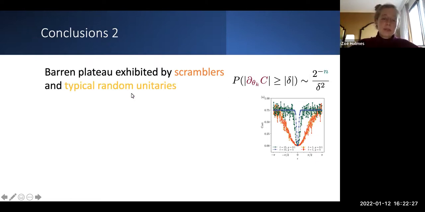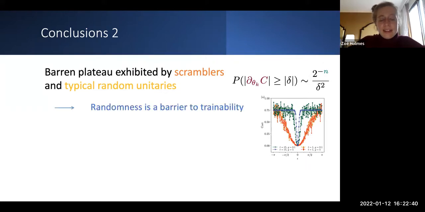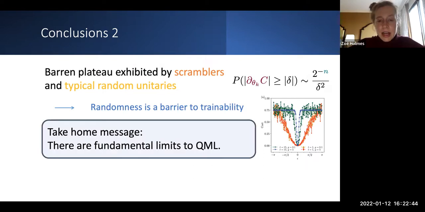But it's also important to note that because we model a scrambler as a typical random unitary, a unitary drawn from a 2-design, our result also holds for the learning of typical random unitaries. So in that sense, randomness is a barrier to trainability. You're not going to be able to learn typical random unitaries. And so there are fundamental limits to quantum machine learning. For certain problems, learning typical random or scrambling unitaries, it's not going to work.